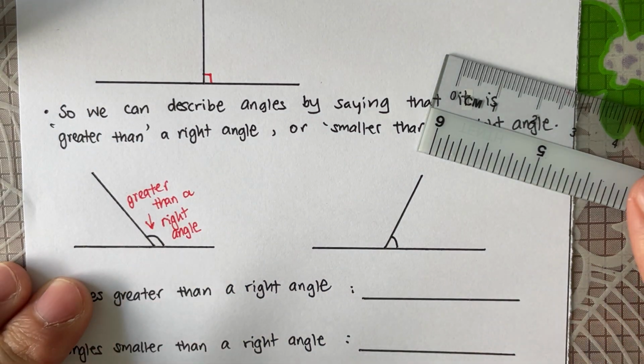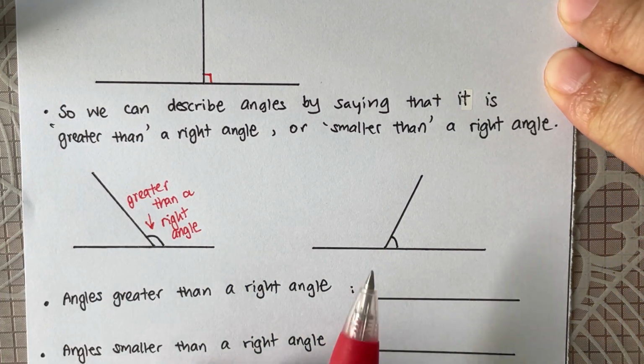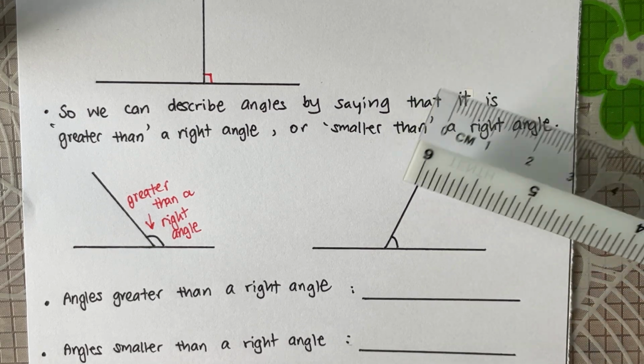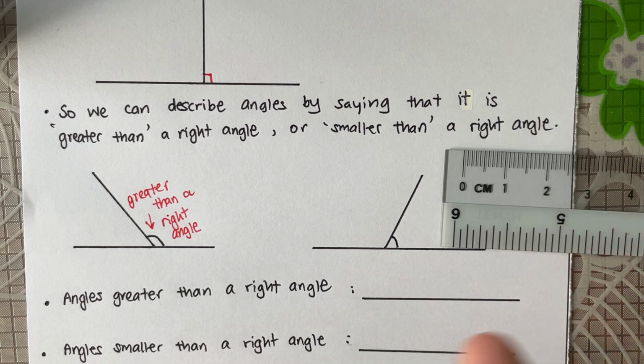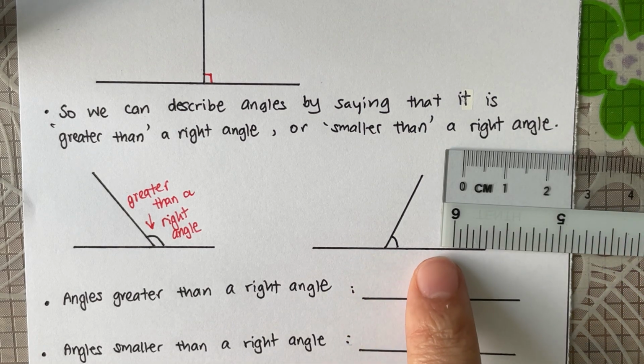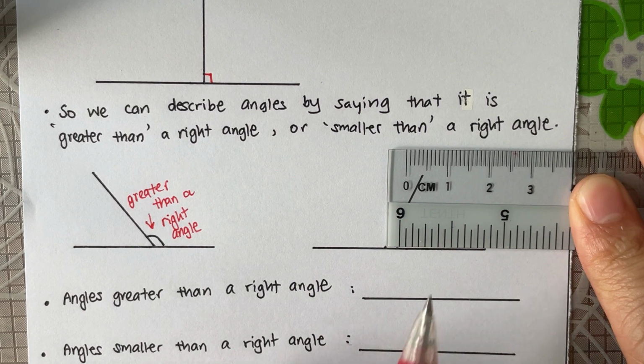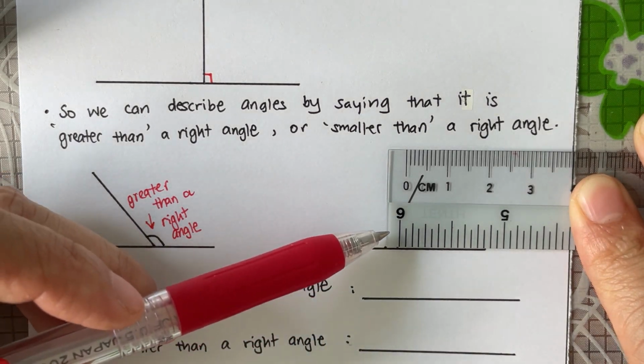Now, let's take a look at the second example. Perhaps some of you might be able to guess by just looking at it whether it's greater than a right angle or smaller than a right angle. However, for the benefit of convincing ourselves through evidence, let's use the edge of a ruler. So, again, this is where I want to place the corner of my ruler. One edge against one of the lines, and hey, let's see.